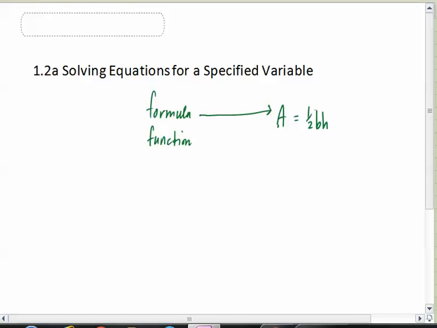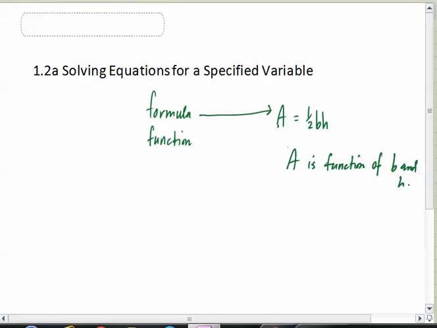I'm saying that these other variables determine the area. So when I say that area is a function of, it kind of means it's a result of. Area is a function of the base and the height, right? If you adjust base and height, you're going to end up adjusting the area.